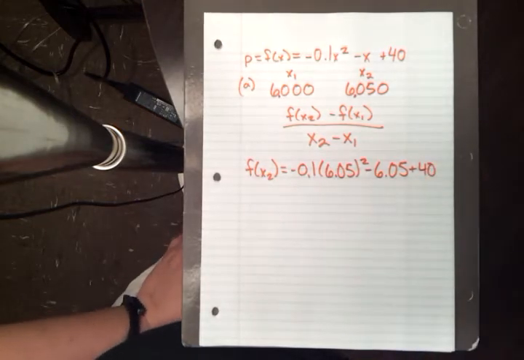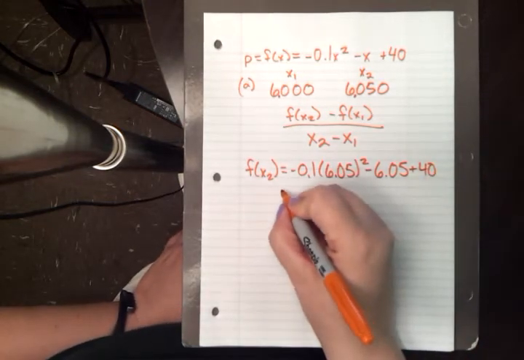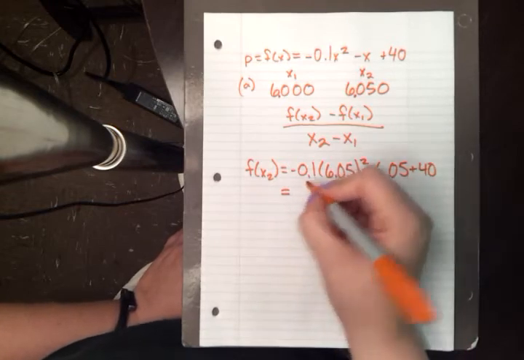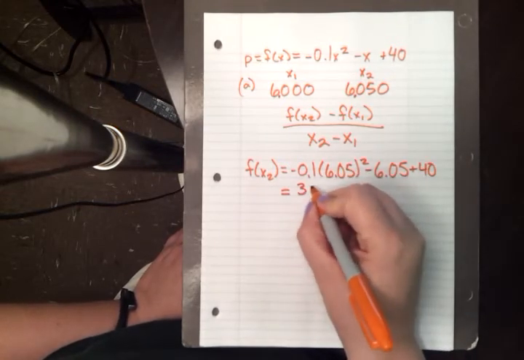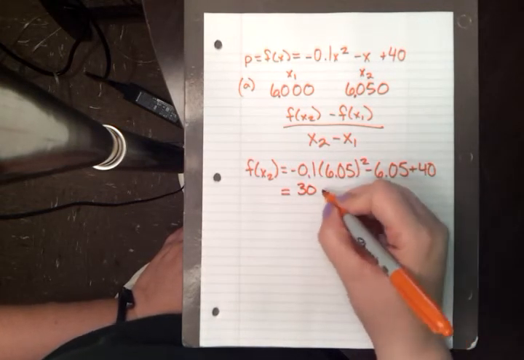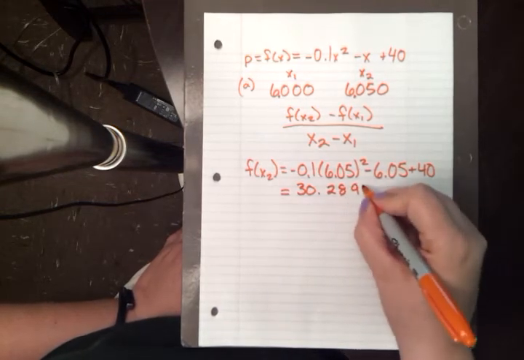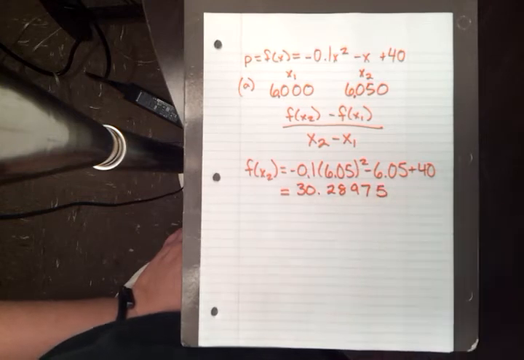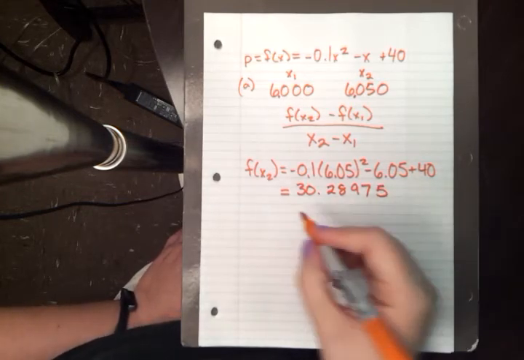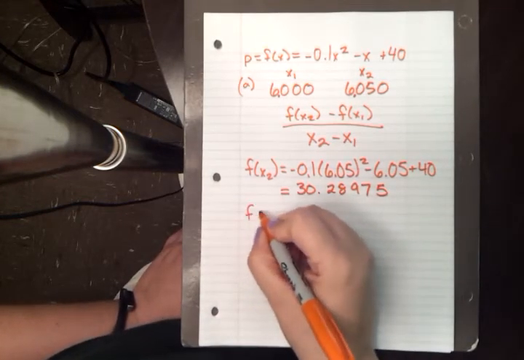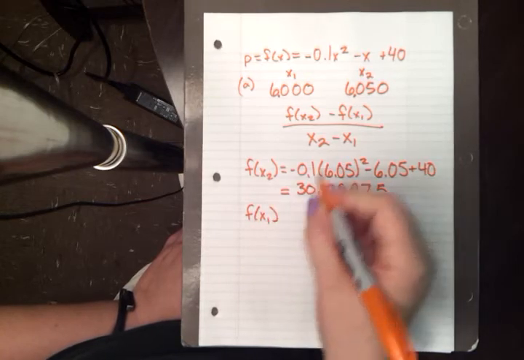Okay, perfect, looks good. Plug it into your calculator. What your calculator will spit out will be long, atrocious, and hideous, but it will be correct. In this case, it's going to be 30.28975.